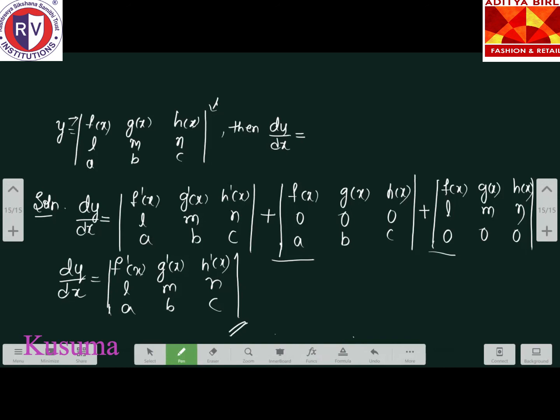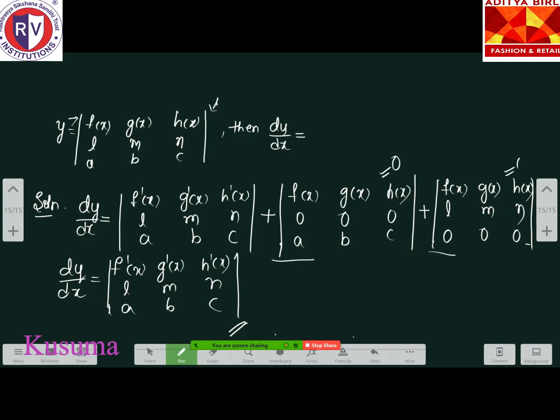What happened to other two determinants? What is the value of those two determinants? Aren't they both zeros? Here, the entire row of the determinant is 0. So the value of the determinant will be equal to 0. So here also the complete one row, that is the third row, is equal to 0.